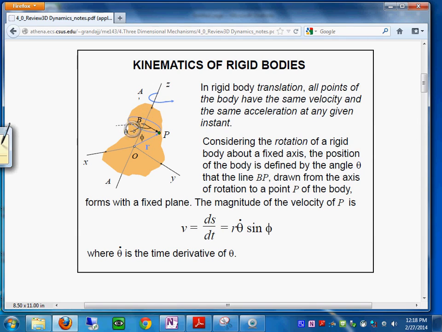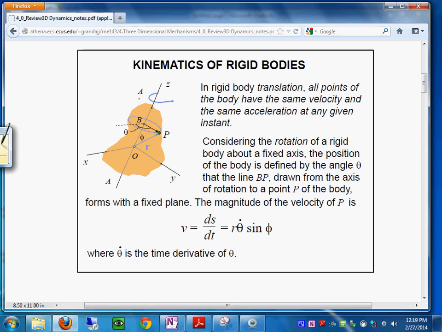You could see just by looking at it and seeing how things move that the velocity of P is going to be tangent to the circle that P describes about the Z-axis. So it would be in this direction like this. Yeah, that gives you the idea.